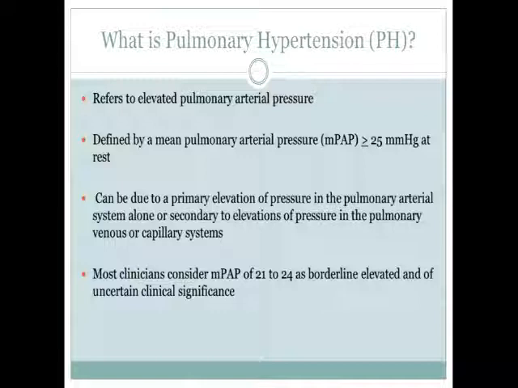The upper limit of normal for mean PA pressure, as we all know, is around 20, and there's sort of a gray area between 21 and 24. Most clinicians seem to think that it's borderline and of uncertain clinical significance.